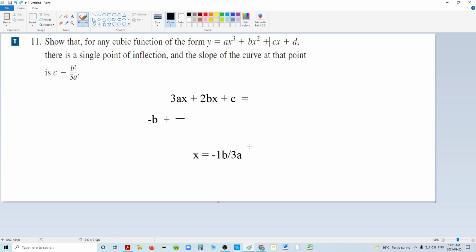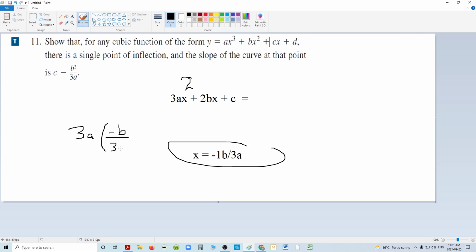Okay, again, I've determined that x is equal to this, and I'm just going to make sure. Oh, it's squared. Sorry. Oh, no, yeah, it's squared. So it's 3 times a times minus b over 3a, squared, which becomes b squared over 3a squared.